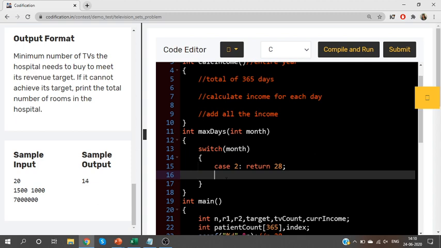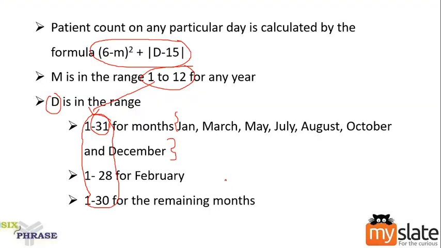There are a few months where you should return 31. What are those months? First month, third month, May is 5, July is 7, August is 8, October is 10 and December is 12. For these months, number of days will be 31.